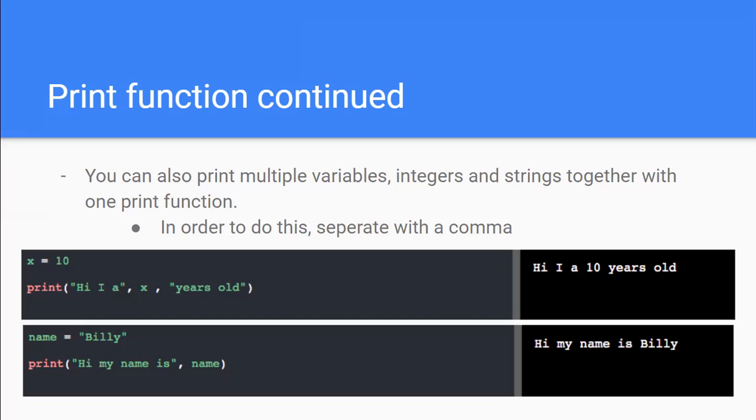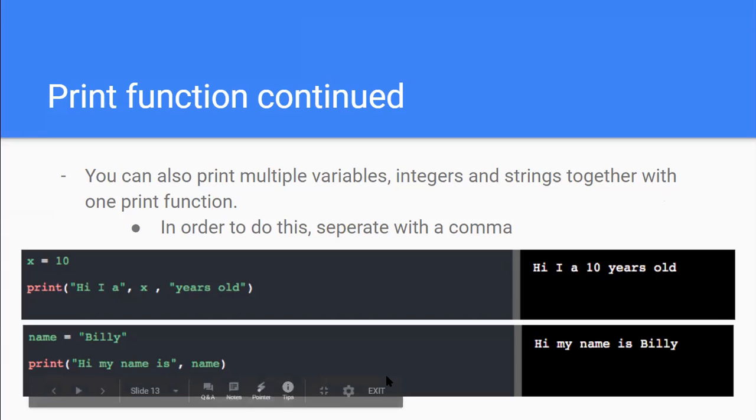If you combine all of them together with the commas, it'll be hi, I am 10 years old. That's the same with the next one, name, which is equal to the string Billy. You are able to connect the string hi, my name is to the variable name by this comma, and it'll make hi, my name is Billy.